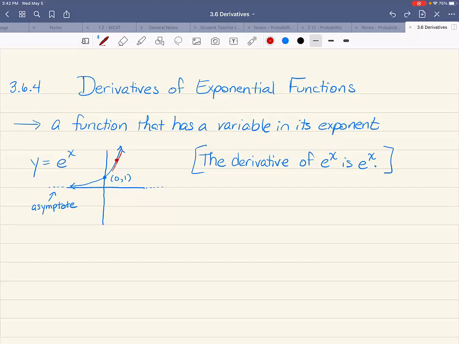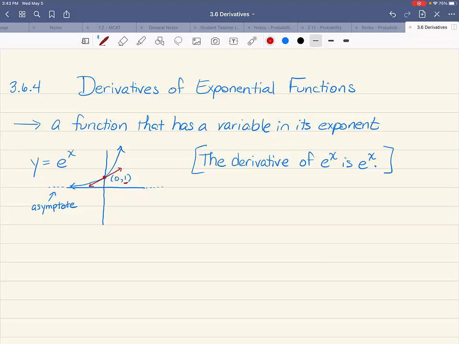So let me erase that real quickly. I've got a lot of dots on here, so give me a second. All right, so let's go back to this point right here. If I draw a tangent line right there, the gradient of that tangent line I know is 1, because the y value right there is 1. And it works for every single point on e to the x.